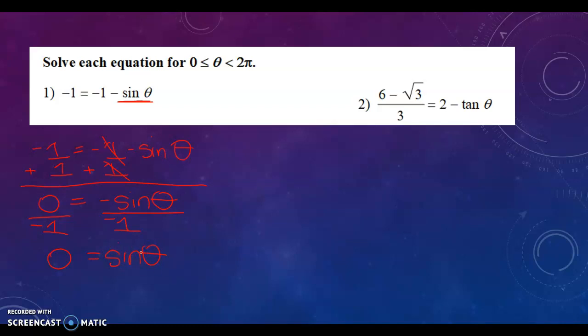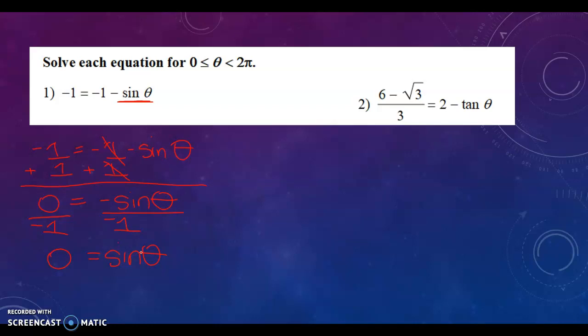All right, now this is like one of the problems that we worked on in our last unit. If I want to figure out sine of theta equals 0 and I'm trying to solve for theta, I'm going to ask myself, where on my unit circle, when I look at my terminal points, is y equal to 0? I say y because our definition for sine is y.